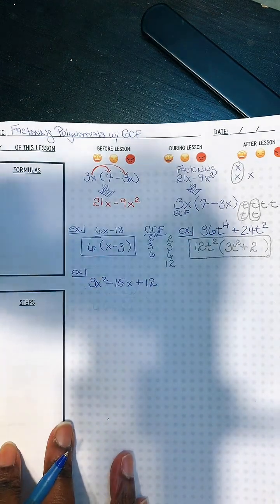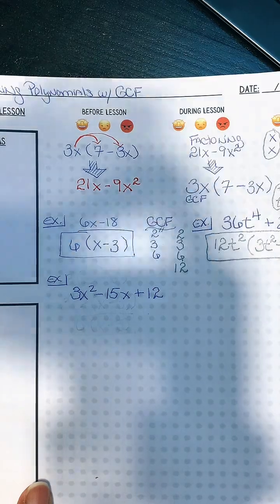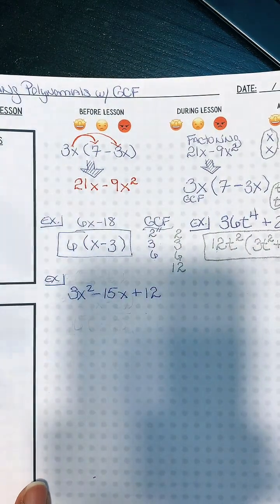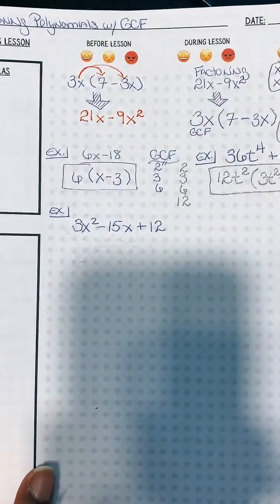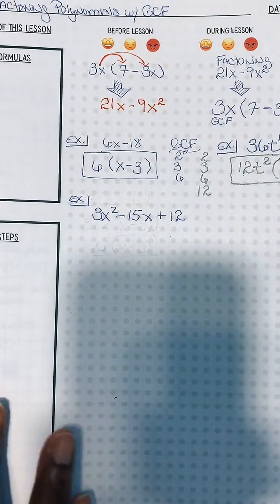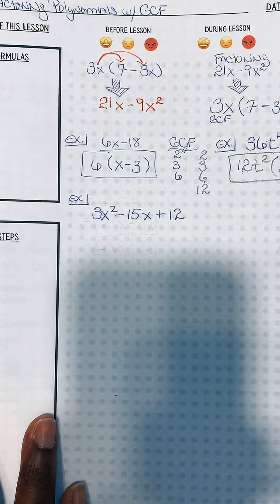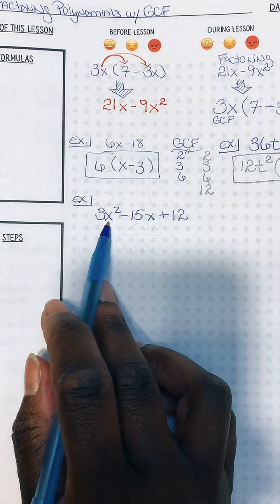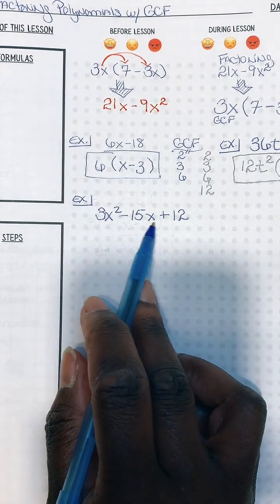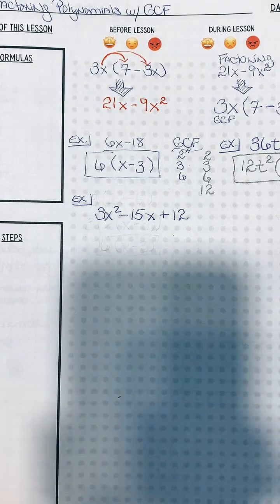And let me see if I can zoom in just a hair. Oops, I'm always touching things. Every time I touch something, it's just like, is it about to explode? What's going on? All right. So 3x squared minus 15x plus 12.